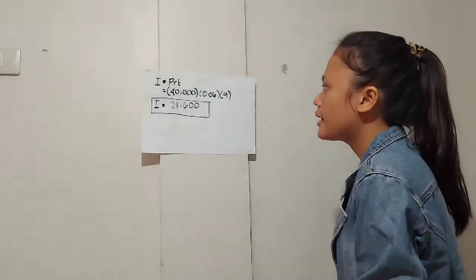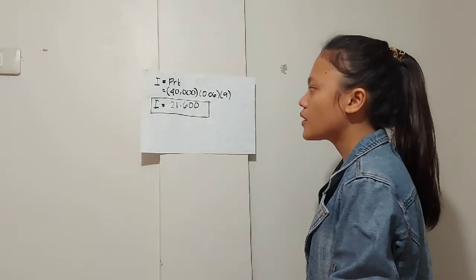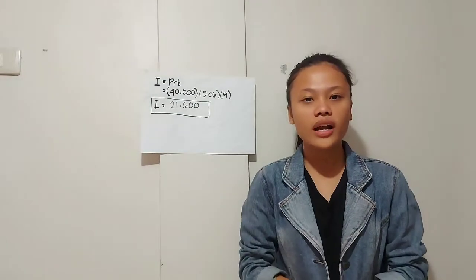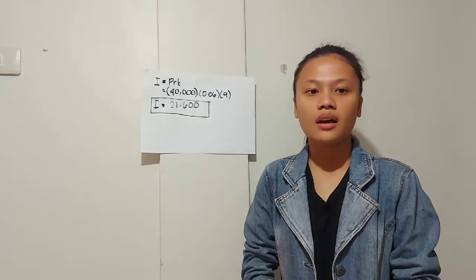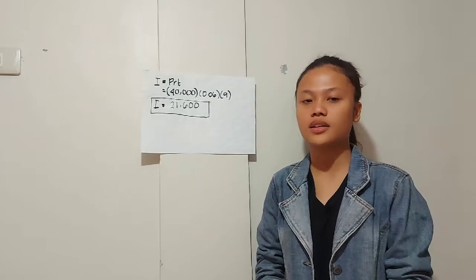So 40,000 times 0.06 times 9 is equal to 21,600. Therefore, our answer for question number 1 is 21,600.